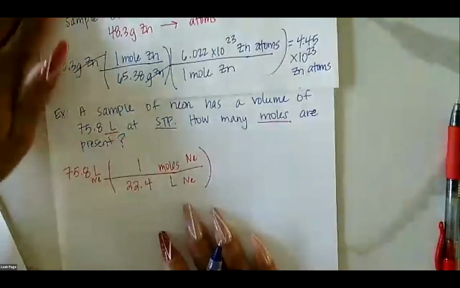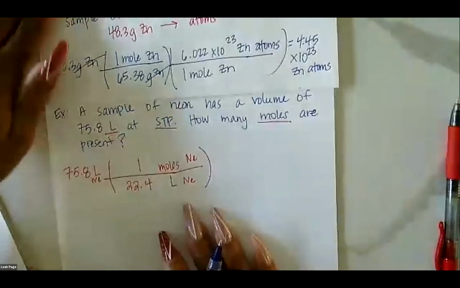So if I just share my screen with you one more time, it's kind of pointed out on the screen. Let me share my screen again. All right, it's pointed out to you here where it says the mole conversion strategy.